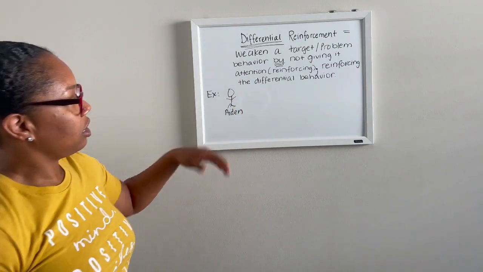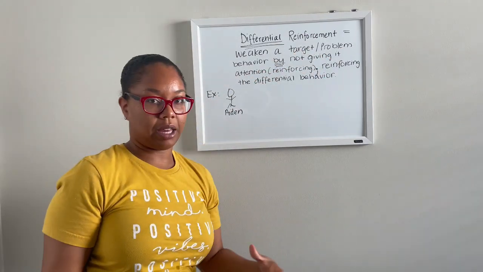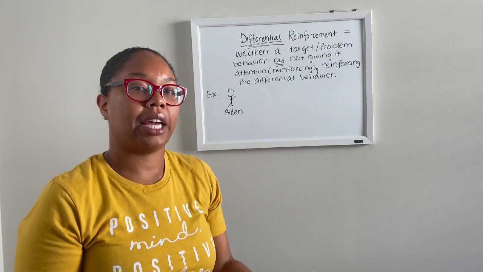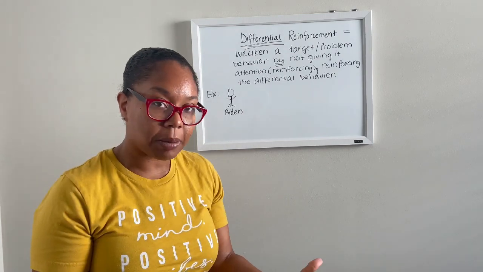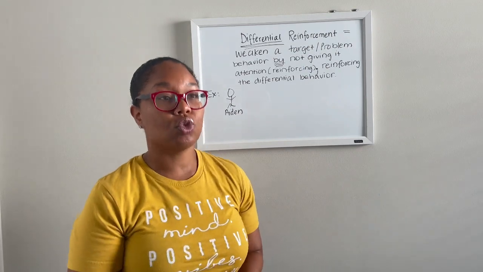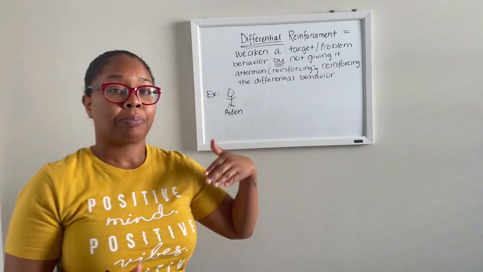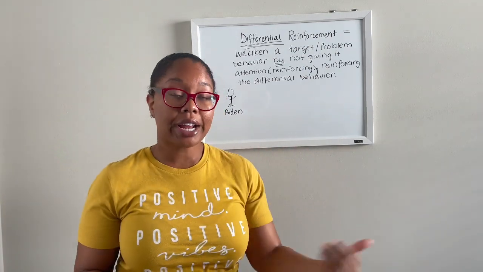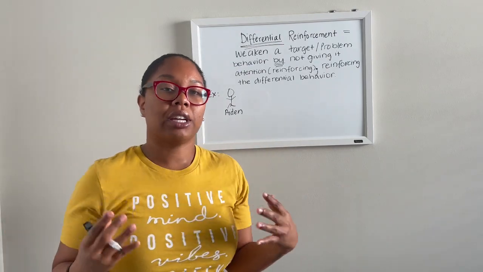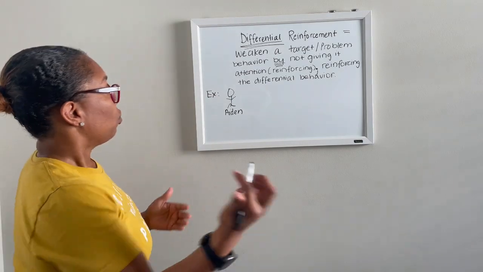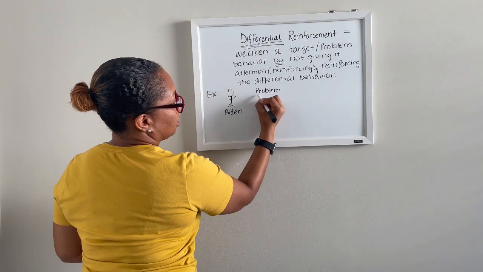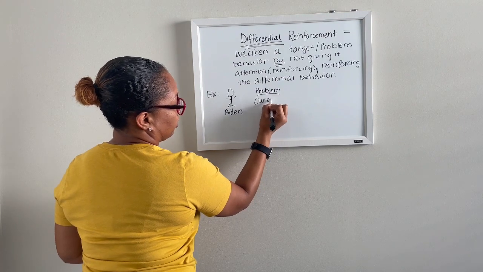And Aiden's target behavior, his problem behavior, the thing that he's doing that is just not okay, it's not socially acceptable, it is causing disruption in the classroom, it's causing poor interactions with his friends and his teacher, he's getting in trouble at home because of it, it's really wreaking havoc on his life. We'll say that his problem behavior is cursing.